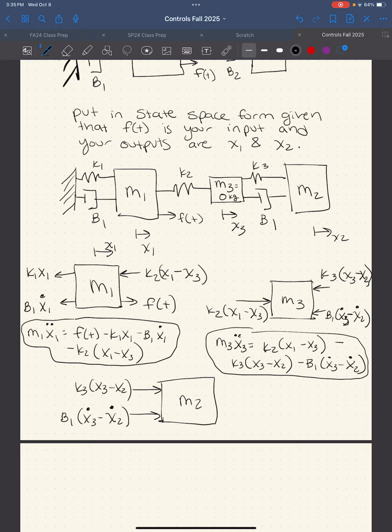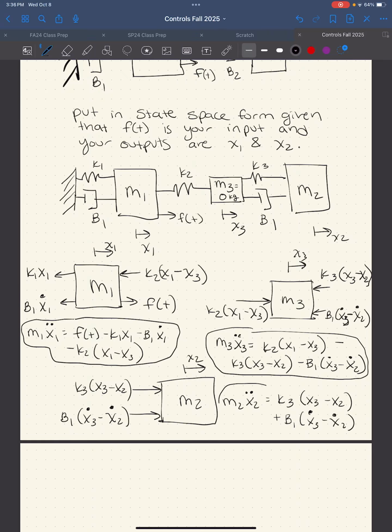And last but not least, M2 x2 double dot equals K3 (x3 minus x2) plus B1 (x3 dot minus x2 dot).